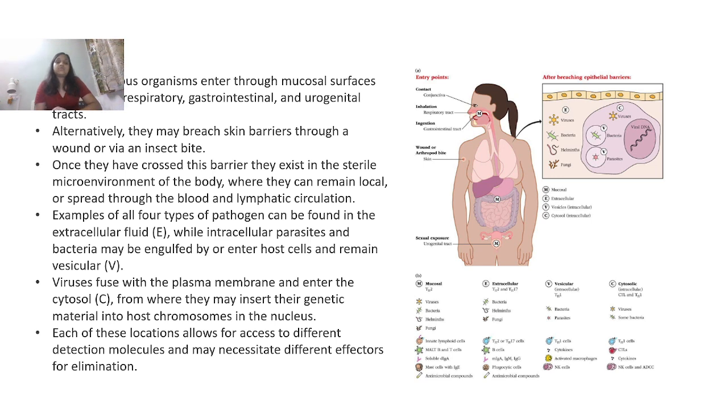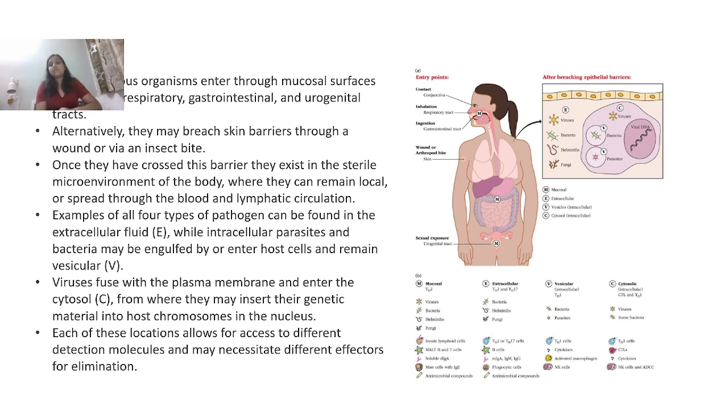Once these pathogens have crossed the barrier, they can also enter by reaching the skin barriers through a wound or via an insect bite. I hope many people have heard doctors tell you to cover a wound.